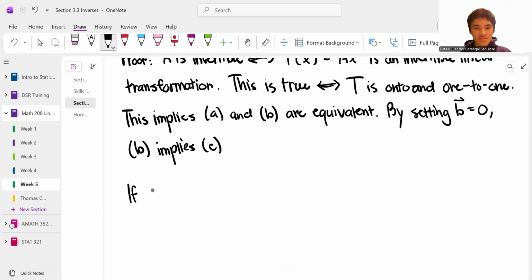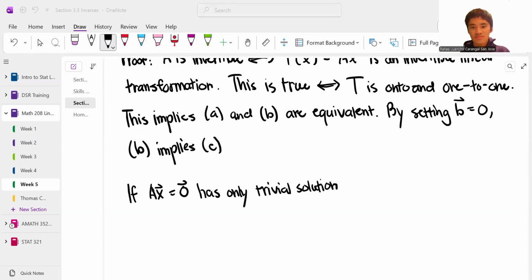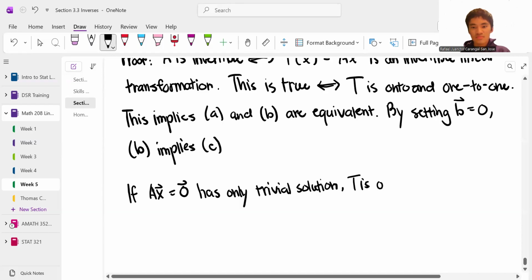Well, we start with saying what C is. C says if this homogeneous system, say Ax equals 0, has only the trivial solution, then T is 1 to 1 by another theorem.